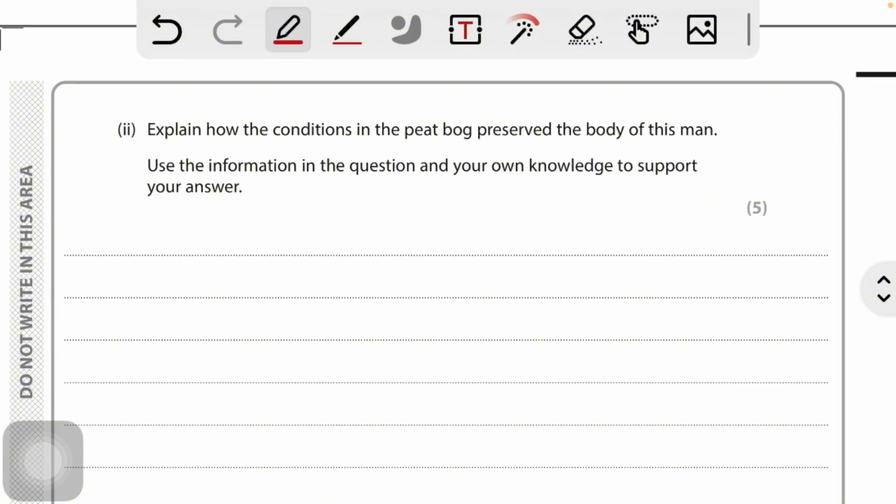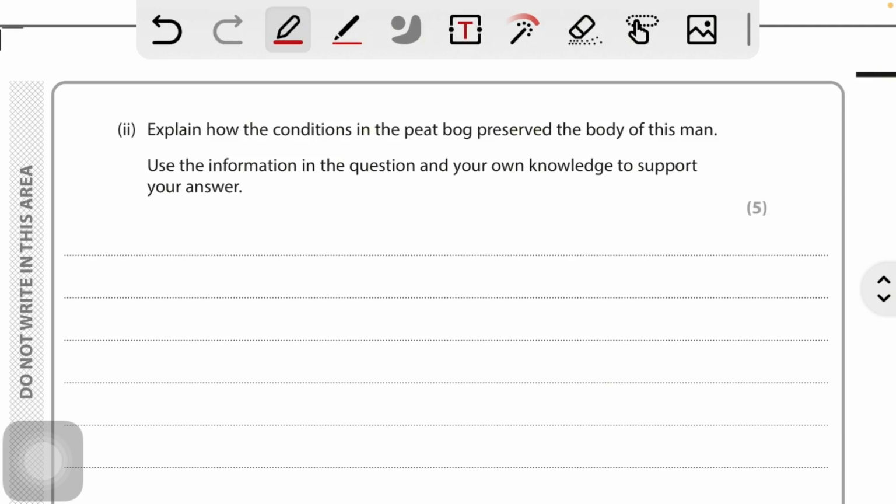Explain how the conditions in the peat bog preserve the body of this man. Use the information in the question and your own knowledge to support your answer. So what was the condition in the peat bog that preserved the man's body? We can say that the body was preserved because the conditions in the peat bog were not favorable for decomposition. The cold temperature caused microbial enzymes to work very slowly, which slows down the decaying process.